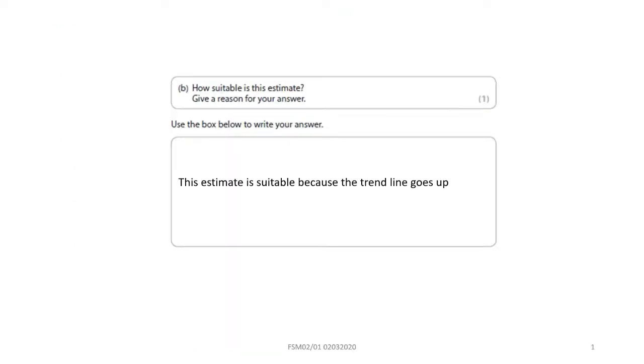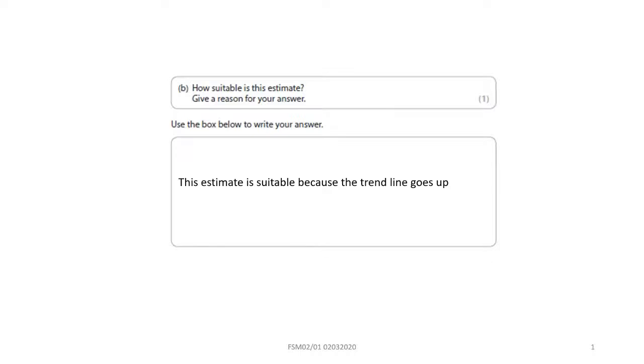When you've completed your answers, sometimes you will be asked to make a written statement about the answer that you've given. So thinking back to the question we've just done, which is the trend line, showing the amount of product being sold, lamps in this particular case. An example answer we can use is that the estimate is suitable because the trend line goes up, showing a steady increase in sales.